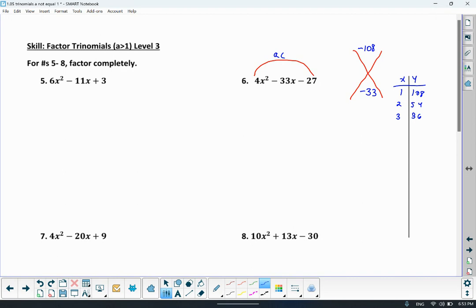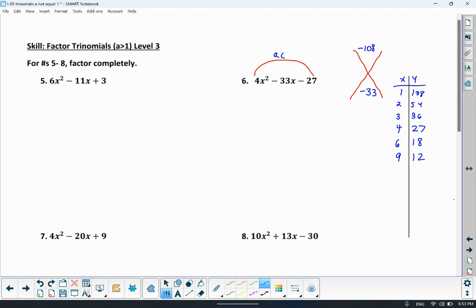Hold on. Yep, 4 goes into it, I believe. Yep, 27. 5 doesn't go into it. 6 goes into it. 7 doesn't go into it. 8 doesn't go into it, but 9 should go into it. And that's 12 times.